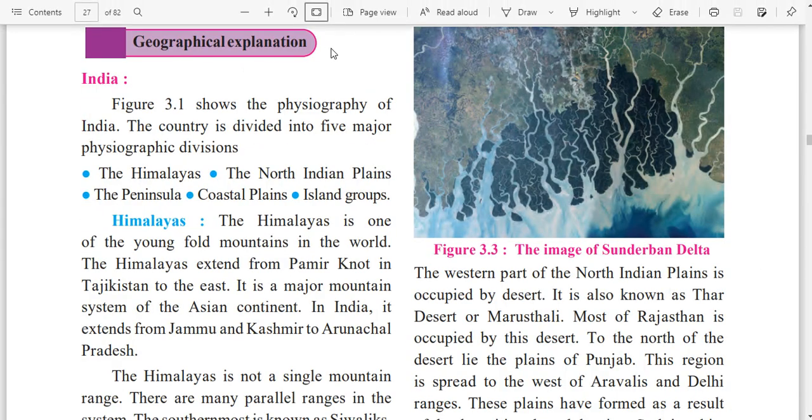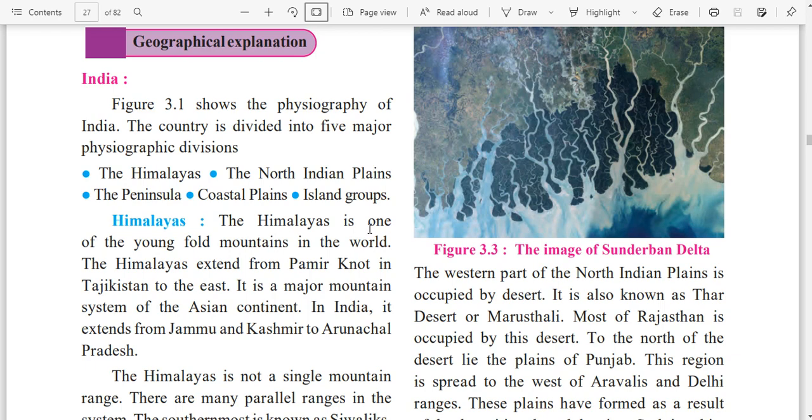Then graphical explanation. India. Figure 3.1 shows the physiography of India. The country is divided into 5 major physiographic divisions: in the north, Himalayas, the North Indian plains, the peninsula, coastal plains, and island groups. Himalayas.